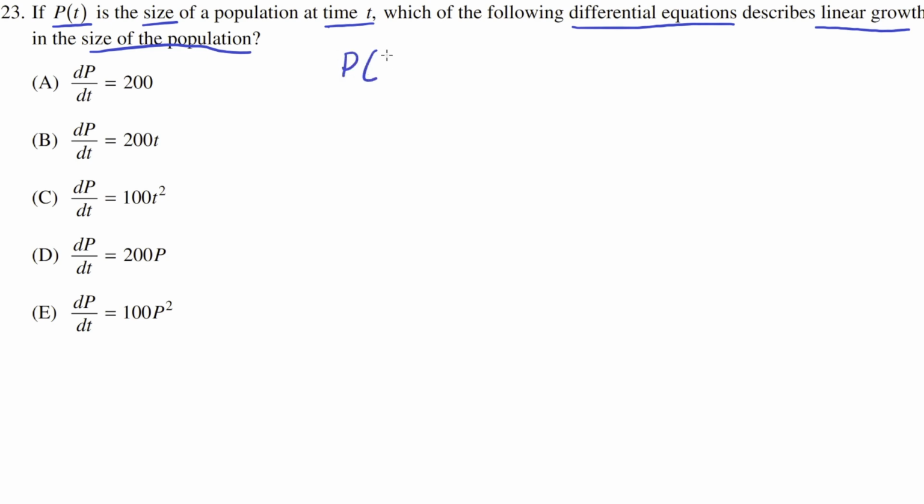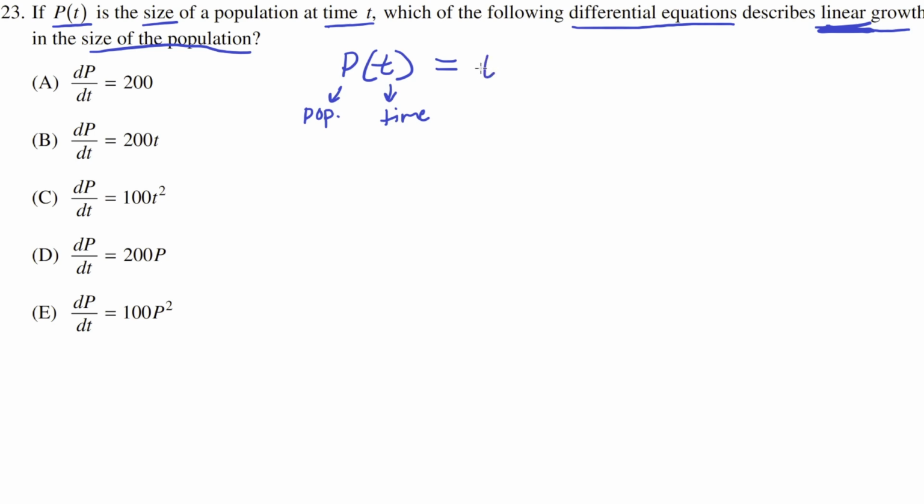So P of t is the function of the population in terms of time. And if we want to find out which one of these differential equations describes a linear growth in the size of the population, we need our P of t to be linearly dependent on the time.